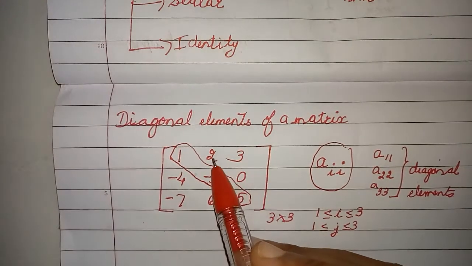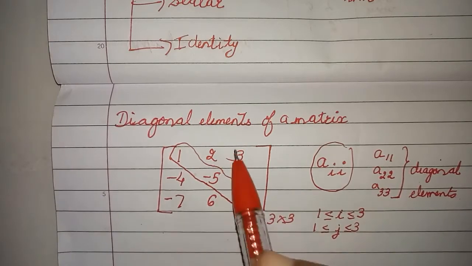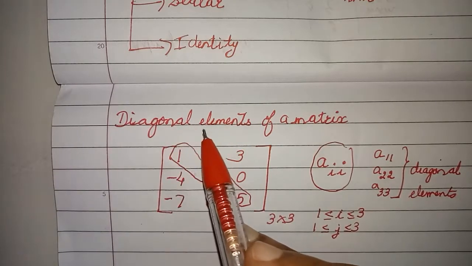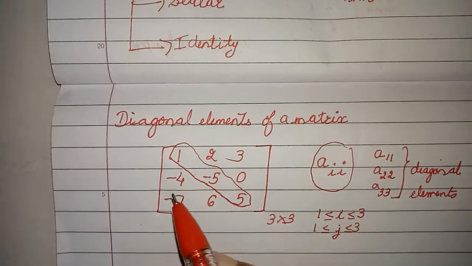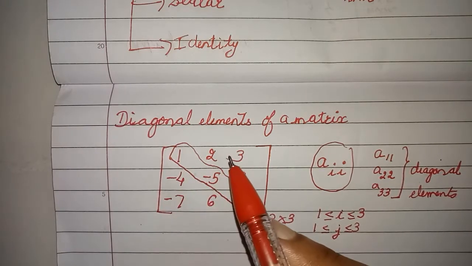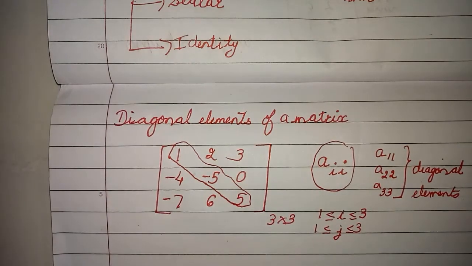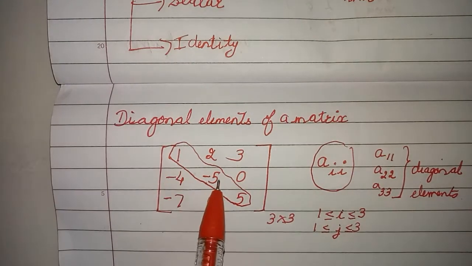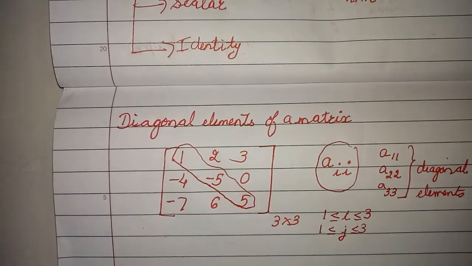The remaining elements, 2, 3, 0, -4, -5, -6, are called non-diagonal elements because they are not falling on the diagonal. They are non-diagonal entries of a square matrix, because this happens only in a square matrix. Now it is clear?